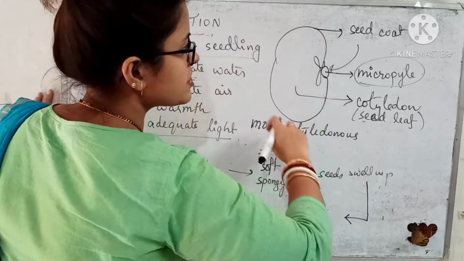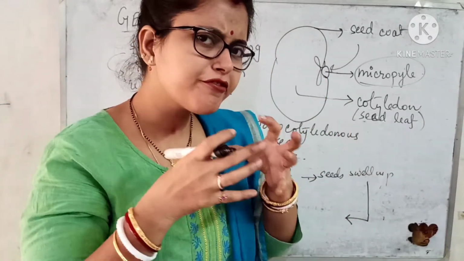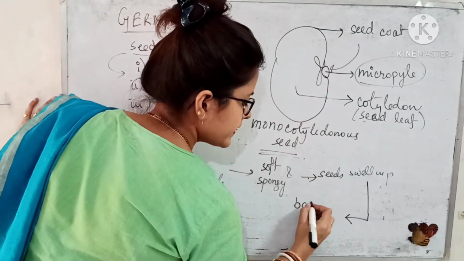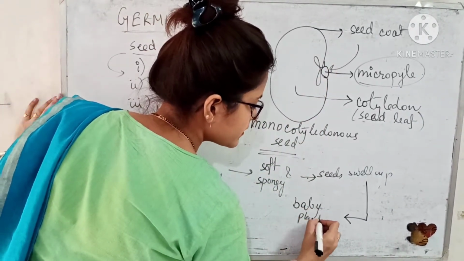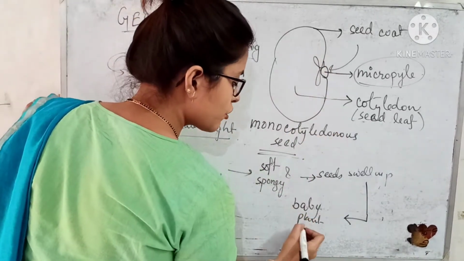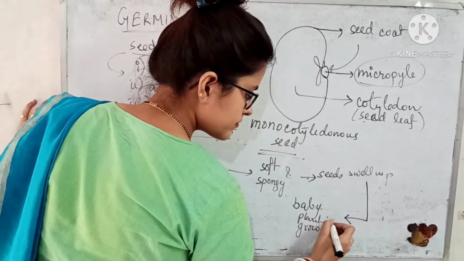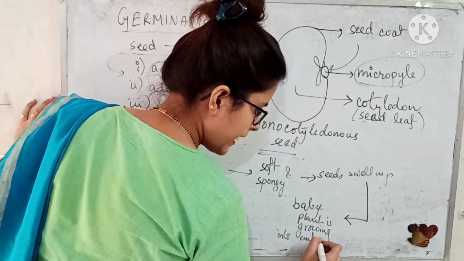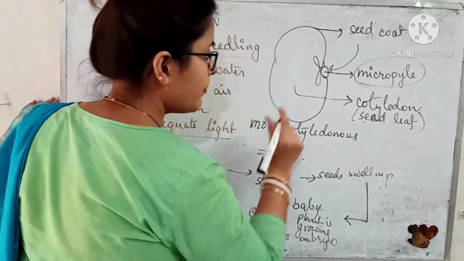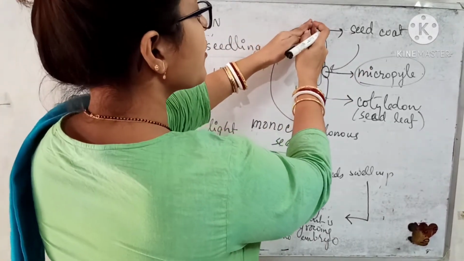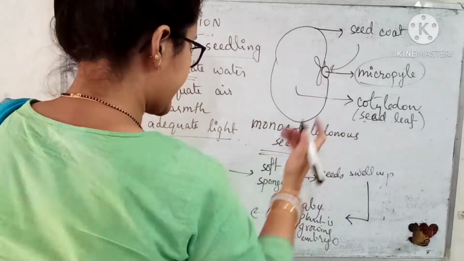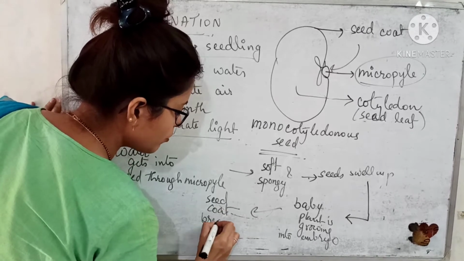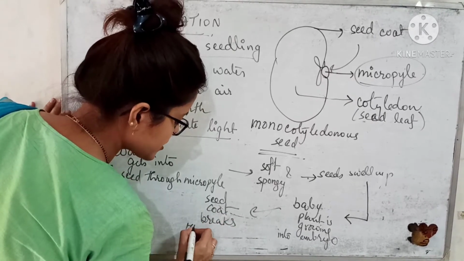Once the seed coat becomes soft enough and the baby plant inside the seed is growing into an embryo and tries to come out, the seed coat ruptures, or the seed coat breaks.